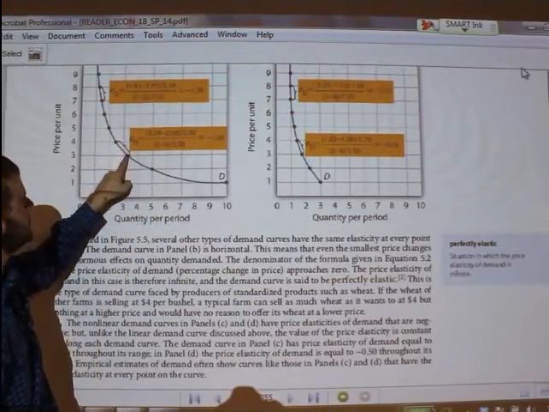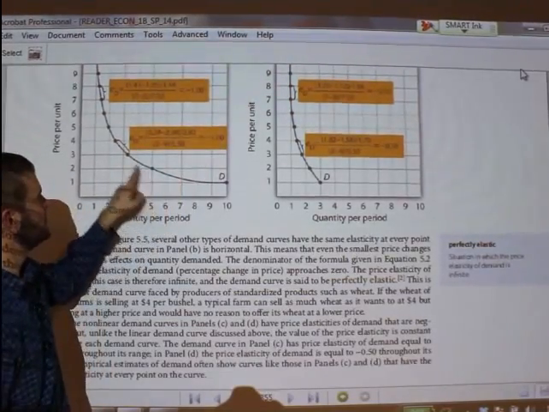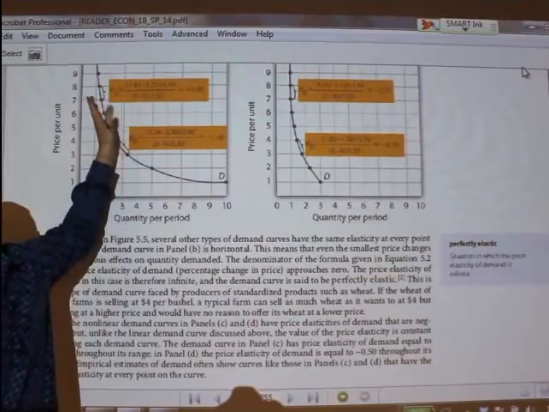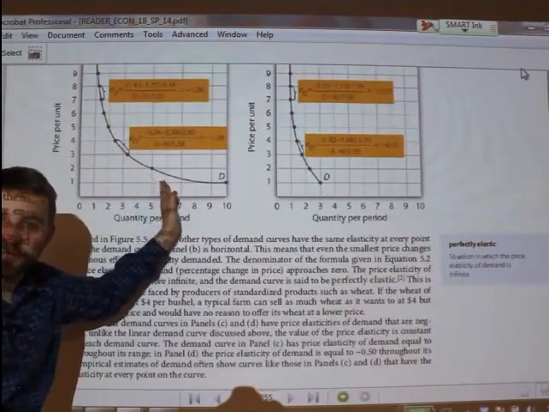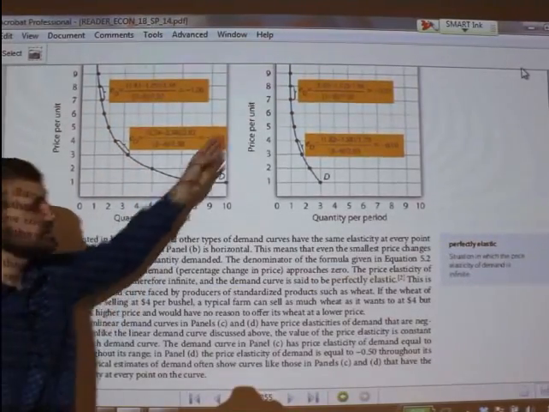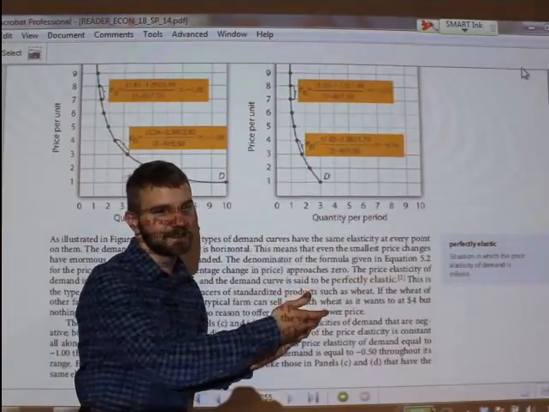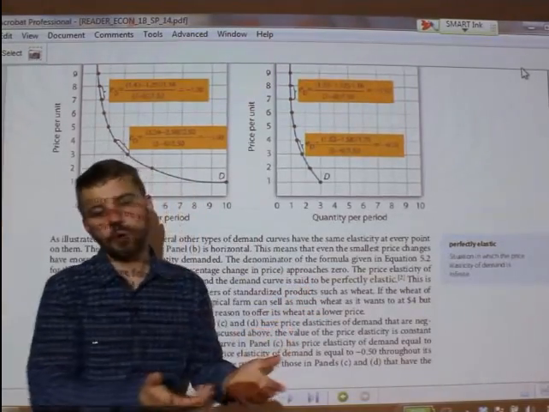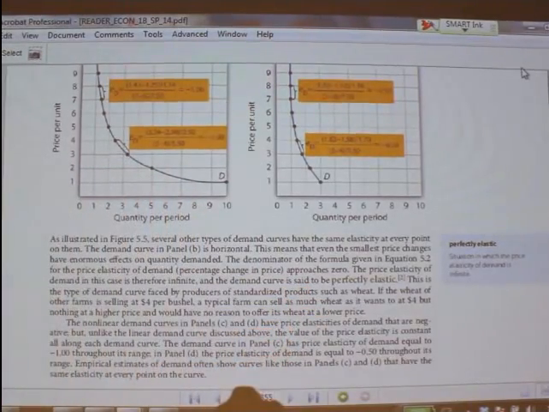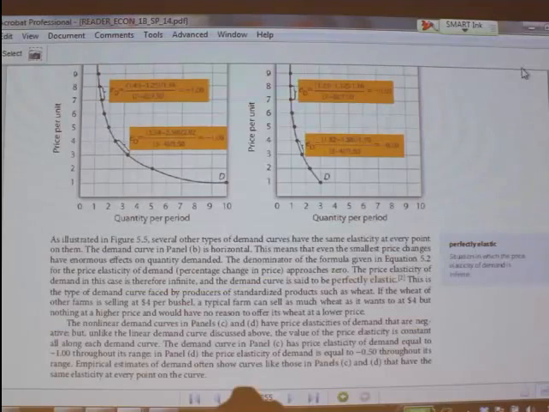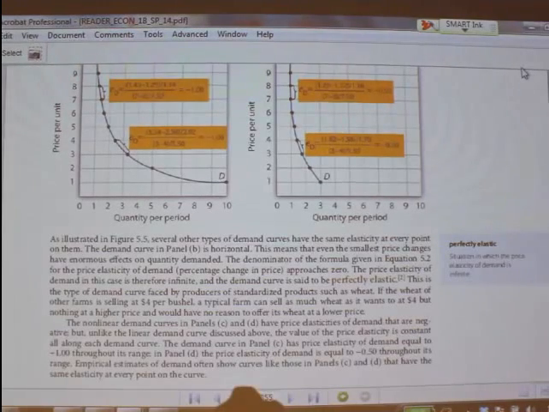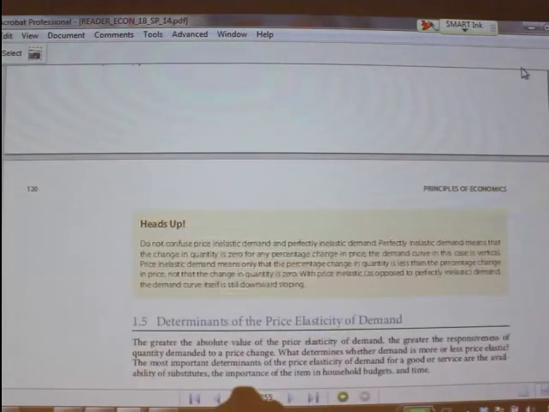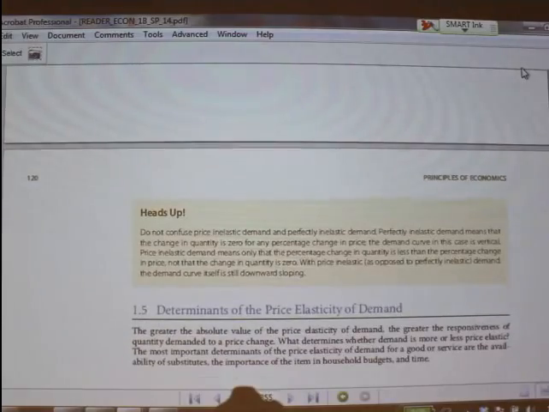And between here and here, it's -1. Between here and here, it's -1. Given the specific shape of this, and also this, these are called constant elasticity of demand curves. But in this course, we're going to be mainly dealing with straight line demand curves. So I would say these curved demand curves aren't the most important thing for you to worry about, other than just to know that they're there.